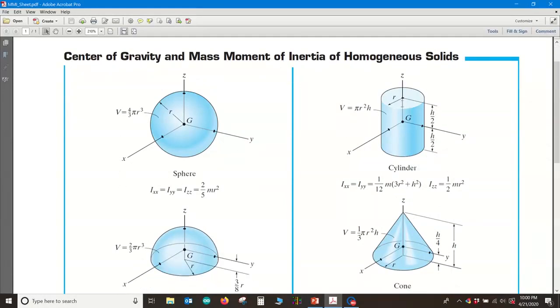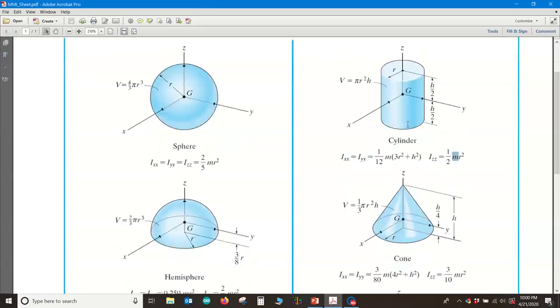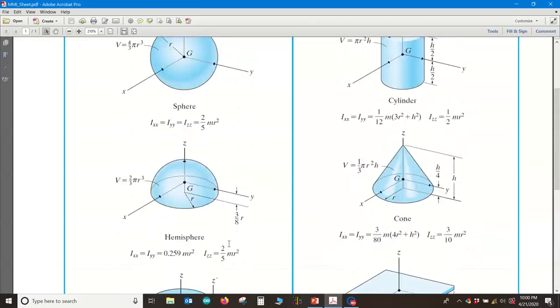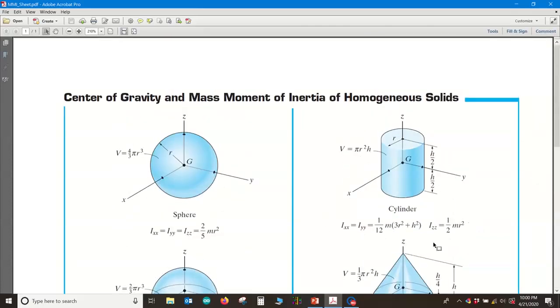For a cylinder rotating with respect to its z-axis, or axis passing through its center, its mass moment of inertia is 1/2 mr square if it is a solid cylinder. But if it is a hollow cylinder, and we consider this a thin ring, then its moment of inertia is mr square. So that's the difference. This is mr square, and this is 1/2 mr square.